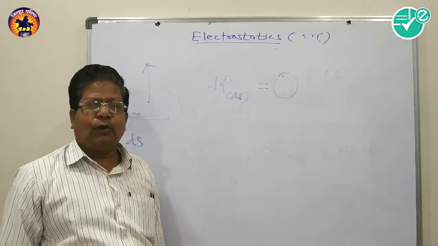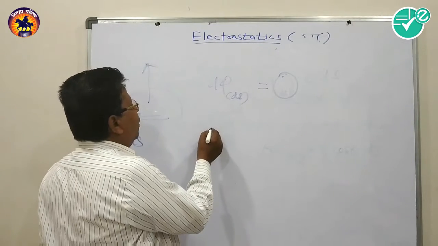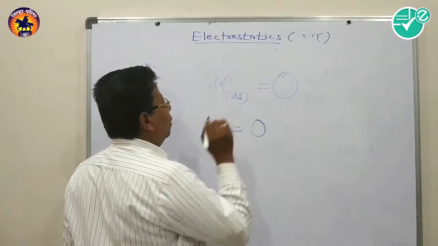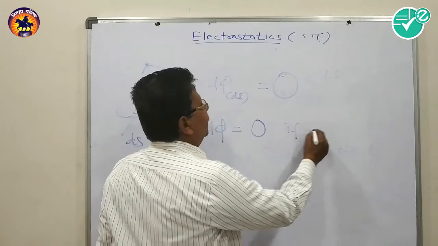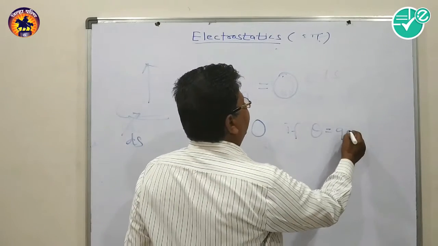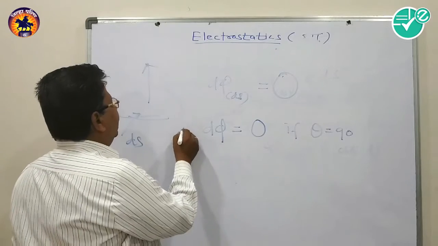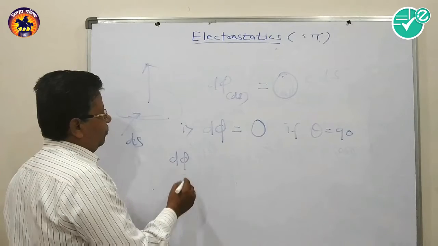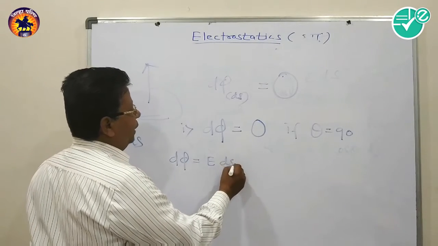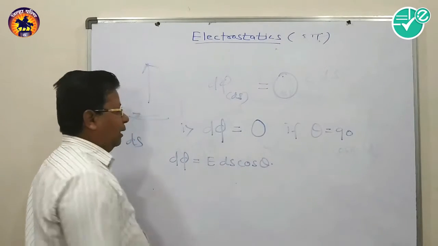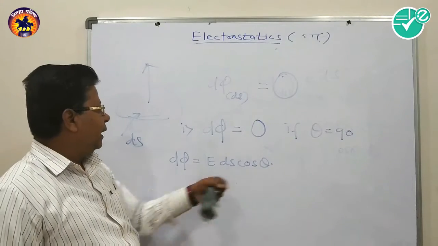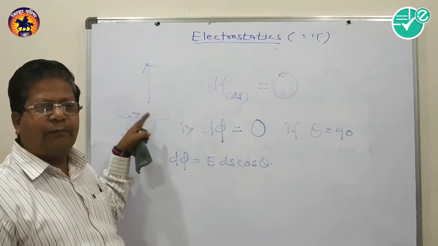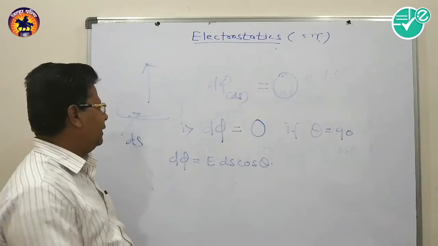So in case of electric flux, we have studied that the electric flux is equal to 0 only if theta is equal to 90 degree. This condition is obtained from the general formula when area ds is not perpendicular, d phi is equal to E ds cos theta. If theta is equal to 90 degree, then the electric flux is equal to 0, and in that case surface area ds is parallel to the electric intensity.